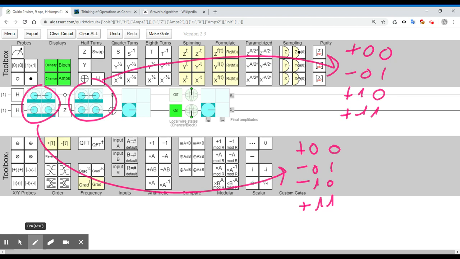Now, if we think in terms of what this operator is supposed to do, this guy is supposed to flip the phase of a minus minus. So this.